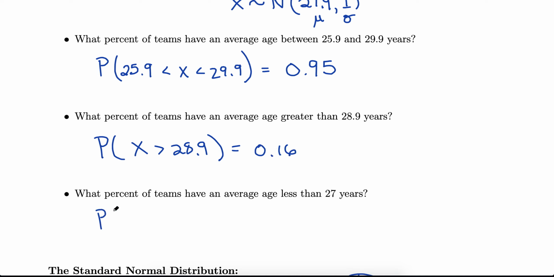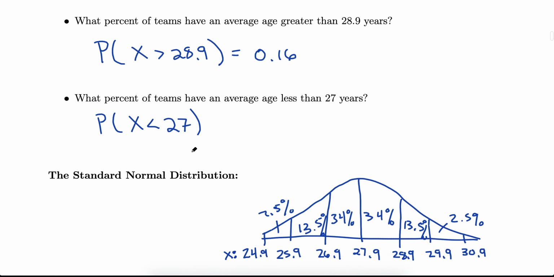And then the last one here, what percent of teams have an average age less than 27? If we take a look, this one's a little bit trickier. 27 is nowhere on the scale that we've drawn exactly 1, 2, or 3 standard deviations from the mean. 27 is like right here. It's not quite 1 standard deviation below the mean. So we can't really answer this question with any accuracy.